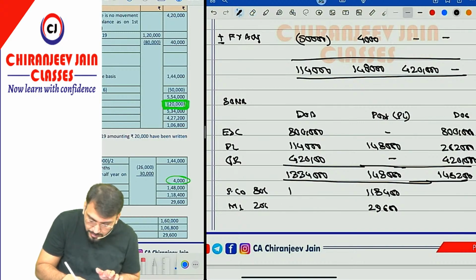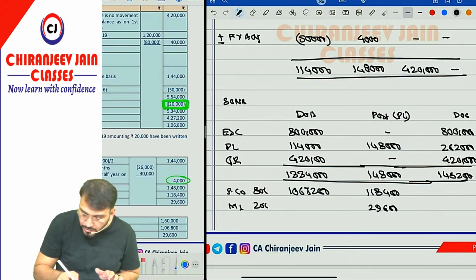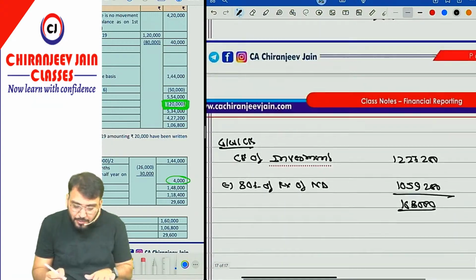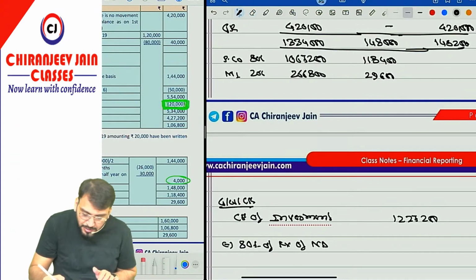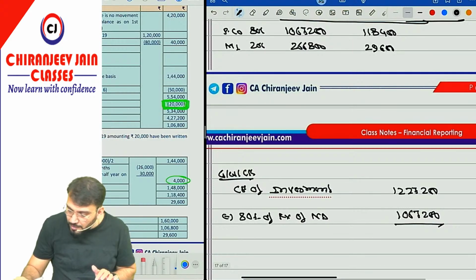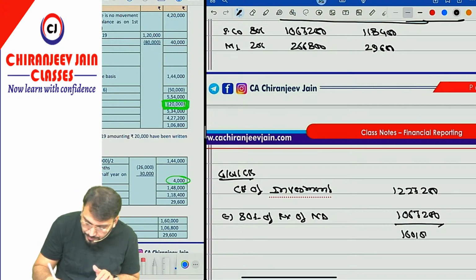Mistake. 10,67,200. This is 2,66,800. In a hurry we always make mistakes. Don't be in a hurry. If I can make a mistake, you can also make a mistake. Now 12,27,200 minus 10,67,200 is coming 1,60,000. This is the amount of goodwill.